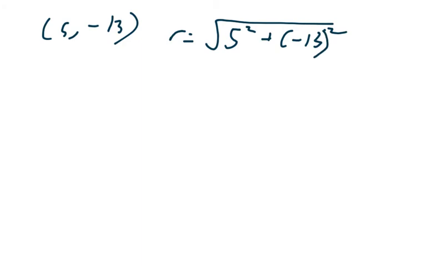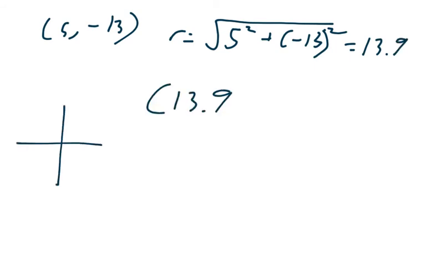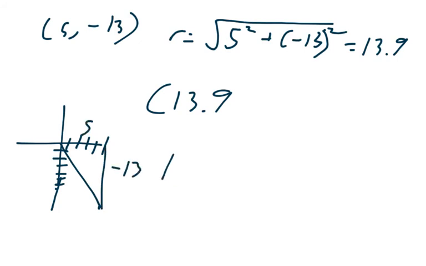So when I plug in the square root of 5 squared plus negative 13 squared, it turns out to be 13.9. Now 5, negative 13 is going to be down over here somewhere, where this is 5 and this is negative 13.